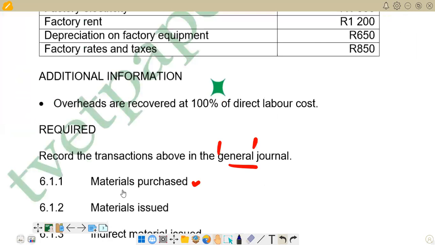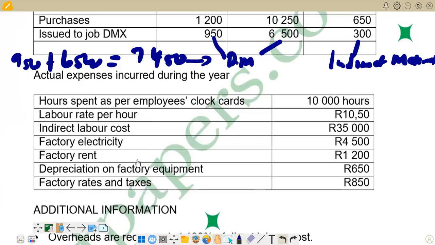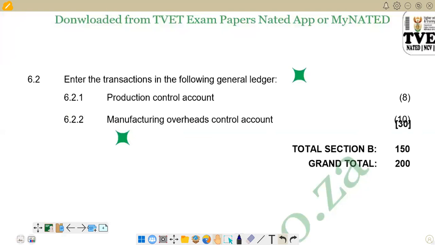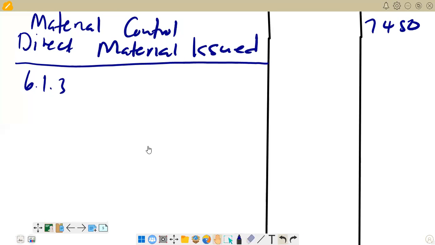So this is the indirect material that we are talking about. We had skipped it. We have indirect material there. Remember, it's 300. So this is indirect material.